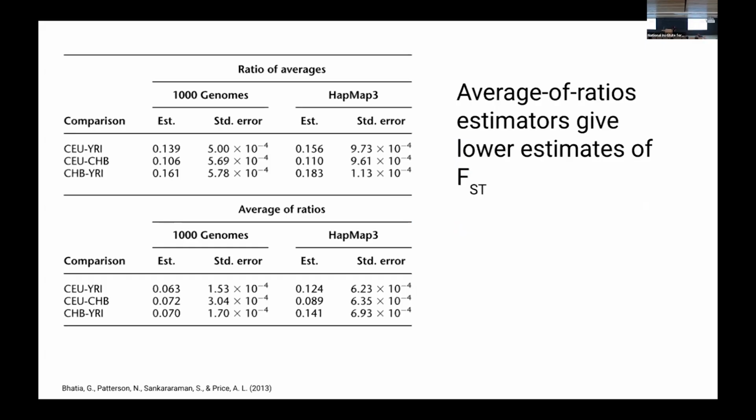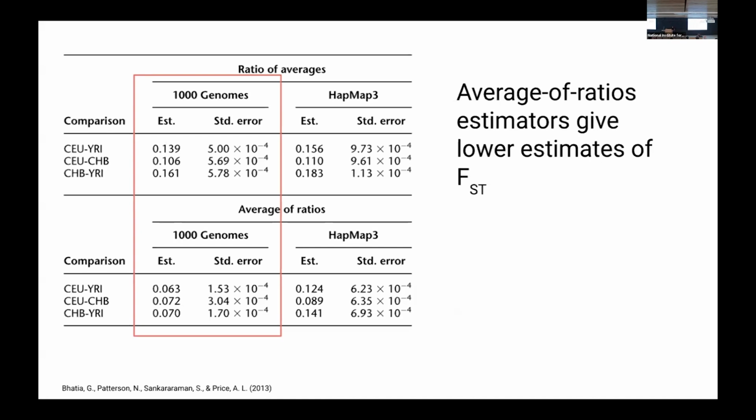The choice may seem arbitrary, but it matters. In empirical studies, average of ratios estimators give lower estimates of FST. Here is an example in human data. When we compute FST from the 1000 Genomes dataset, which is sequence data, we can see that there is a factor of 2 difference between these two approaches, and the estimates from average of ratios estimators are consistently lower.